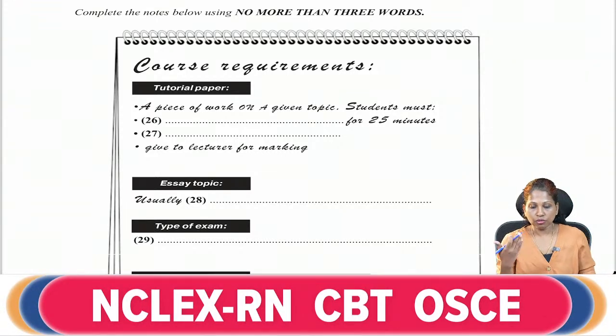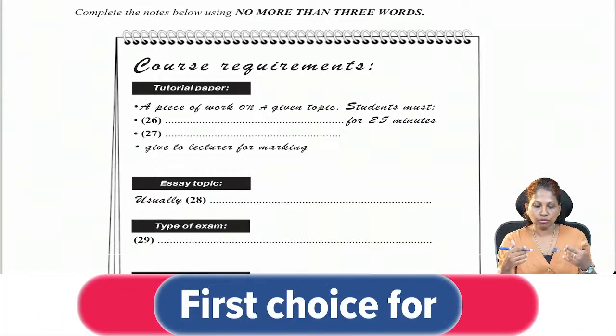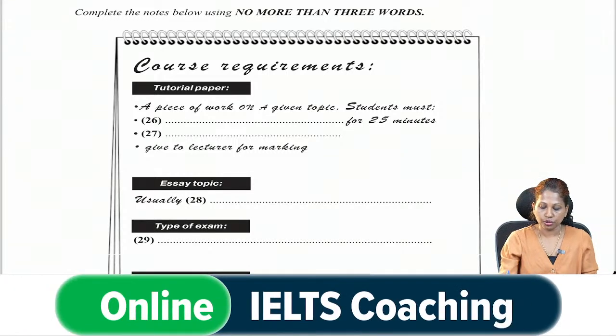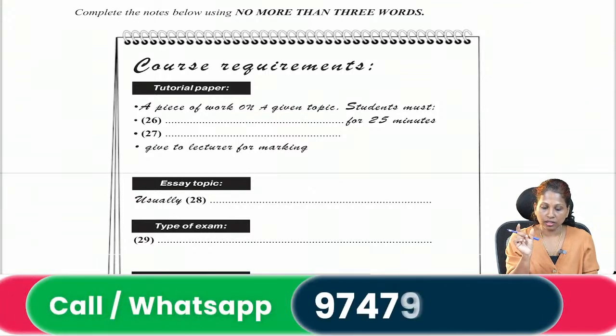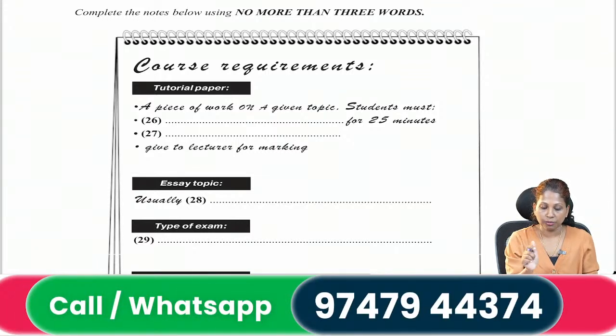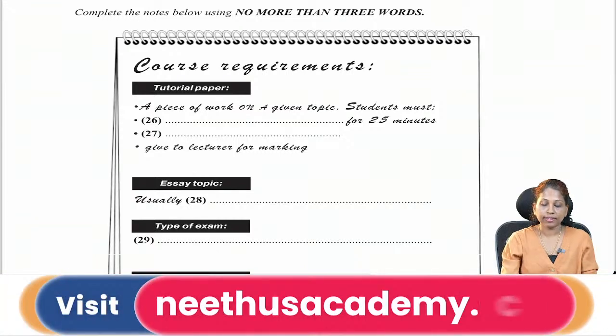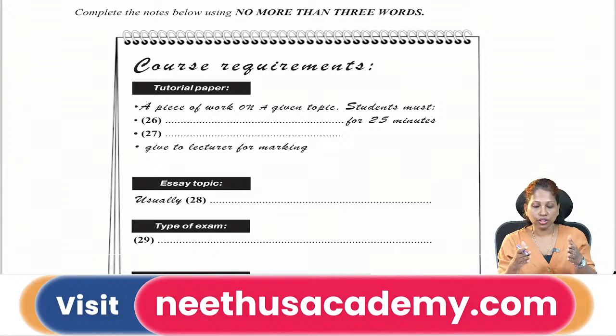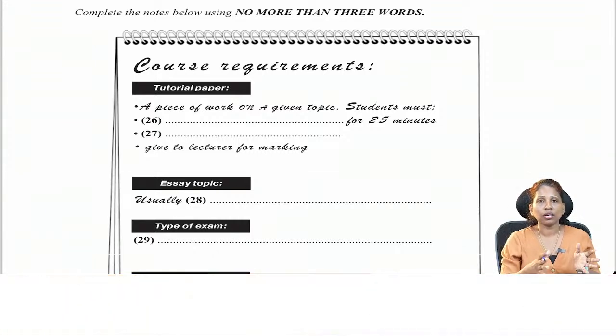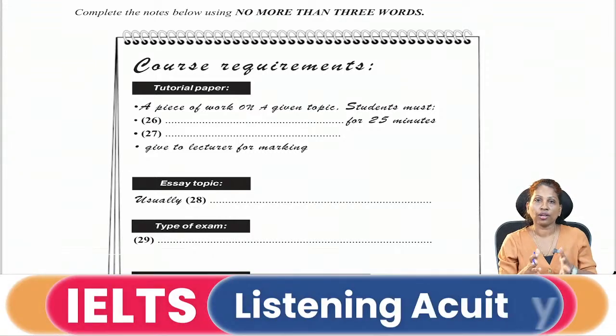Now after you read the instructions, you have to come to the notes which are given to you. Now in notes, you can see the tutorial paper, then essay topic, type of exams. Those are the subheadings. The heading is course requirements. That means the notes which you are filling are about particular requirements to join a course or to continue a course, right?